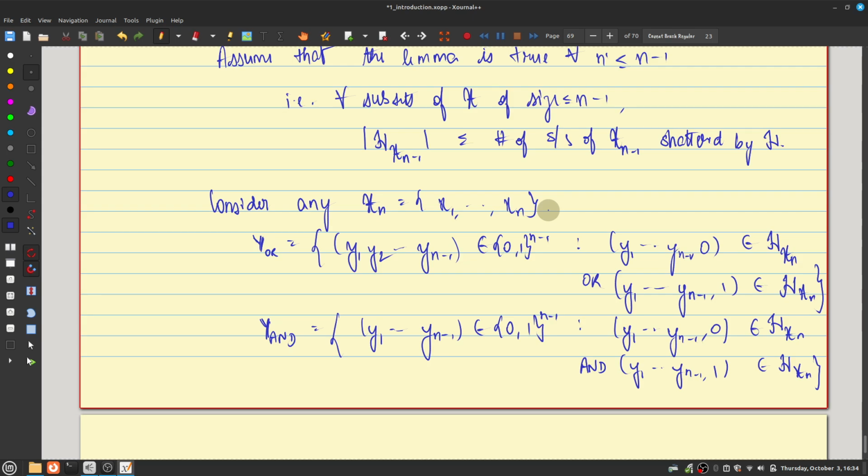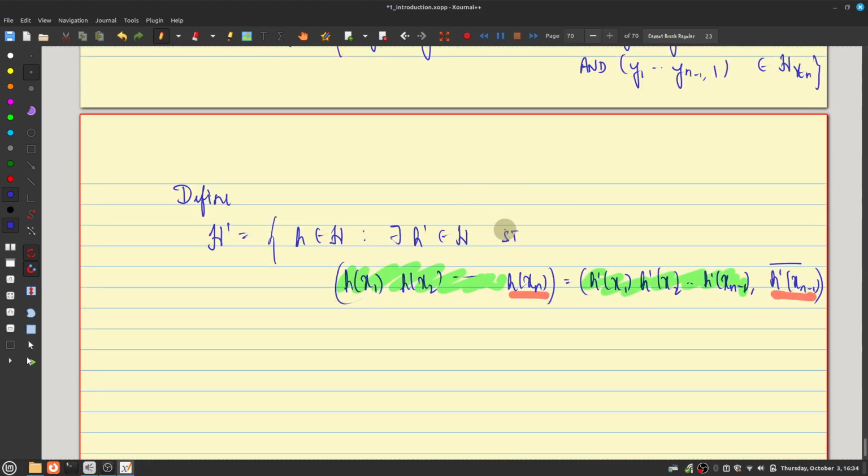It's not really the training sample, but you have n samples, and on the first n minus 1 samples, the two hypotheses are exactly the same. On the nth sample, they're exactly the opposite. So if h predicts xn to be 1, then h prime predicts it to be 0, and if h predicts it to be 0, then h prime predicts it to be 1. Sorry, it's h dash of x.